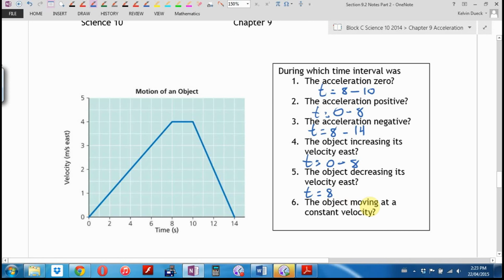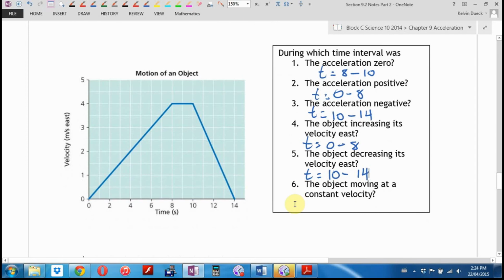Oh, sorry, not from, you know what? This should be from 10 to 14. Someone should have been yelling at me. 10 to 14, not 8 to 14. And 10 to 14, Mr. Dueck, not 8 to 14. That was silly. Acceleration isn't negative right there. Hey, when is the object moving at a constant velocity?